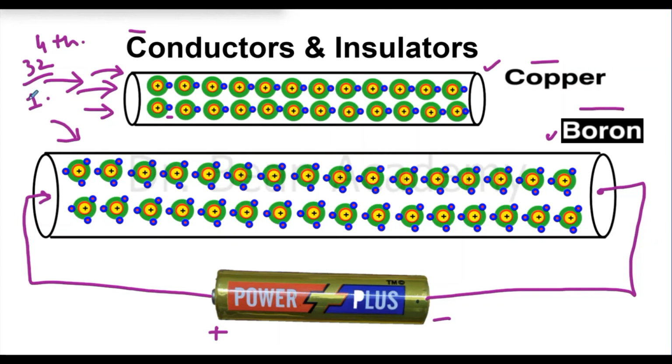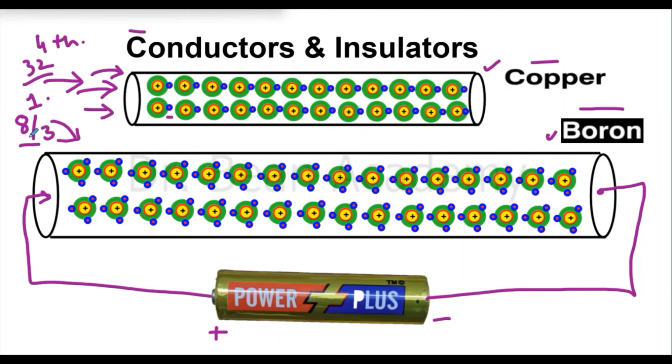You see the deficiency of electrons in the fourth shell. Now here this is the second shell, and in the second shell we need 8, and out of those 8 we actually filled this orbit with 3 electrons.